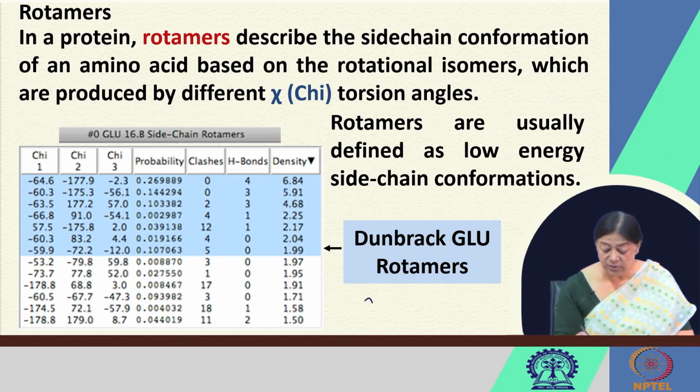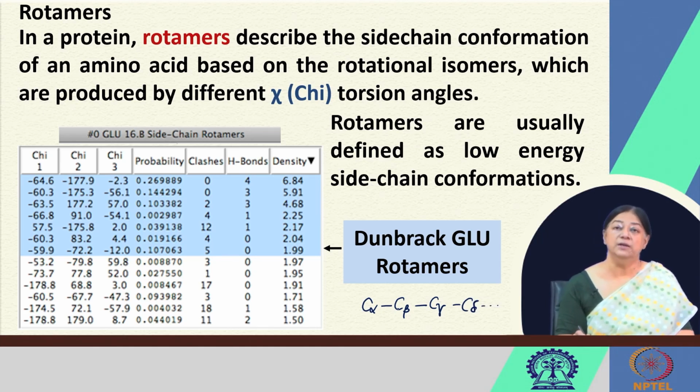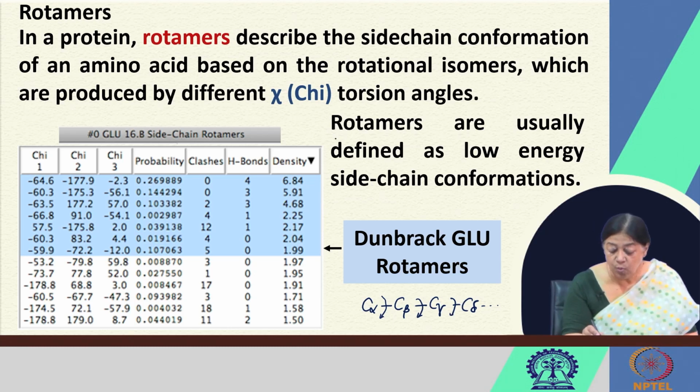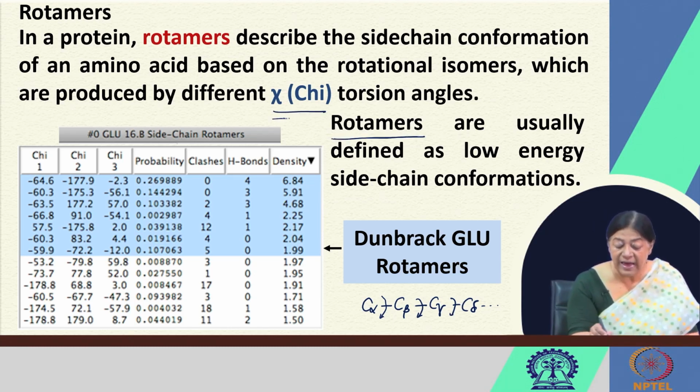Suppose we looked at the nomenclature, we have a C alpha followed by a C beta, followed by a C gamma, even a C delta, and so on and so on. Now, all of these are linked by single bonds. So, there is a possibility of rotations about these bonds. This gives what are called rotamers, giving us chi angles.